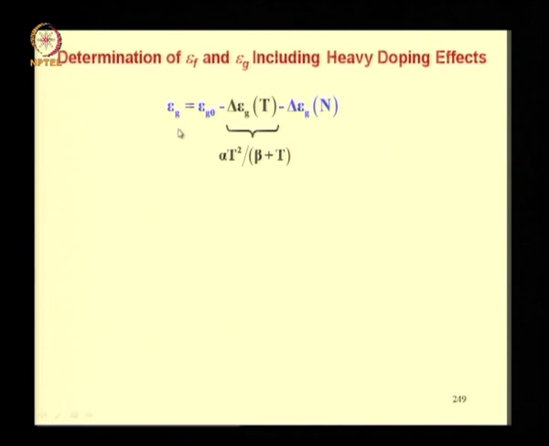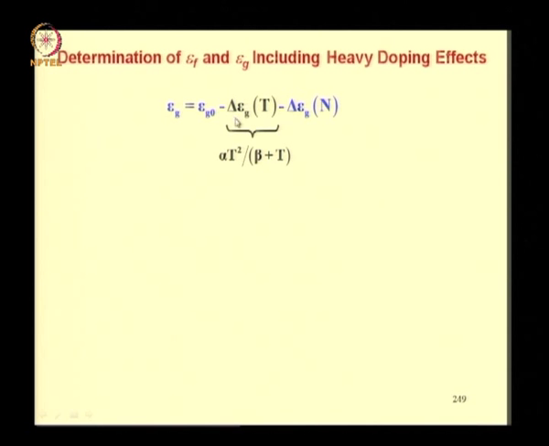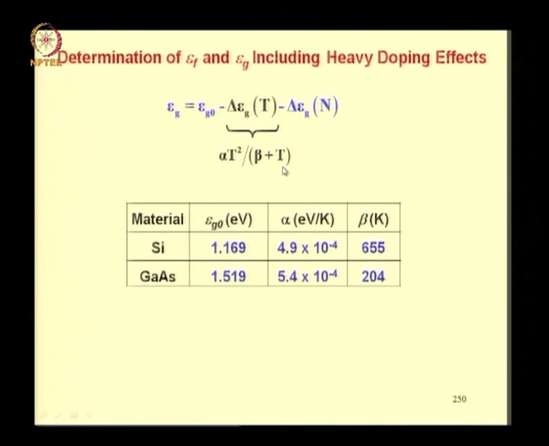Now the expression for energy gap is as follows. Let us look at the term that depends on the temperature. This is given by alpha times T square by beta plus T, where for different materials the constants have different values. So, for silicon the Eg naught, that is this term, is 1.169 electron volts.